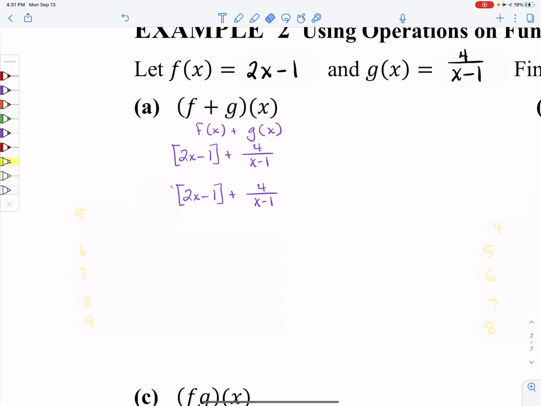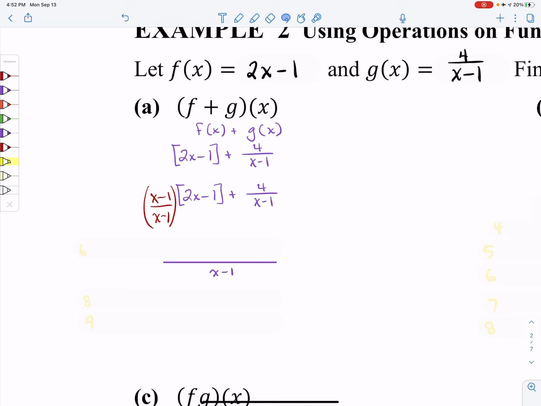So the first thing I'm going to do, this is just a copy of what I already had. But I noticed that this particular term, this group, needs to have the same denominator that this has. So I'm going to multiply by that common denominator on top and on bottom. So then what we'll have on the bottom, on the bottom, I have that common denominator x minus 1.